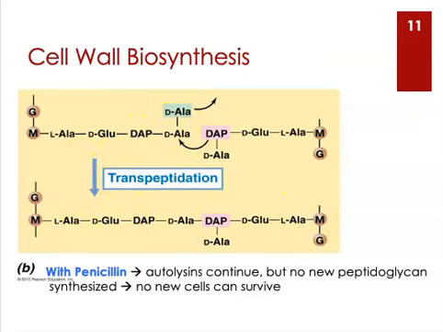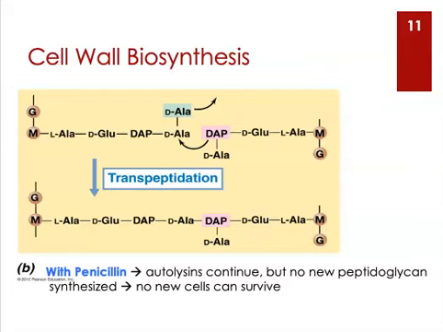So when a human consumes penicillin, the bacterial infection that's going on in their body is sort of stopped, at least in terms of its ability to make any new bacterial cells. The bacteria that exist at the time that the penicillin is administered can no longer divide and create living daughter cells because they cannot finish building the new cell wall on those daughter cells.